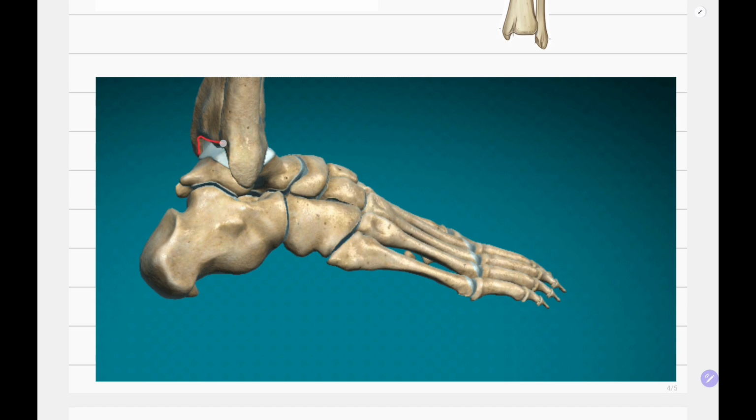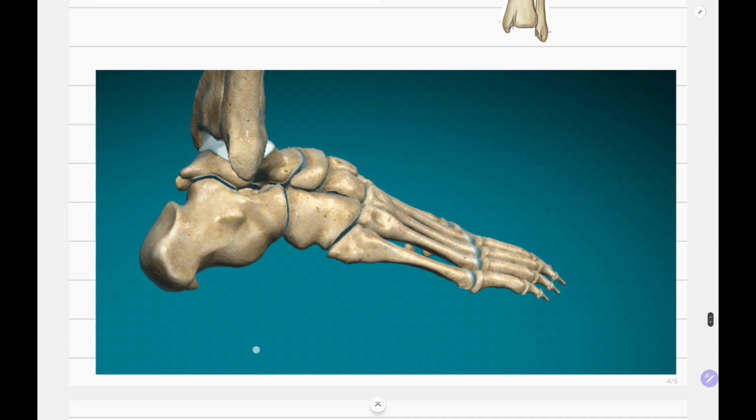This is the mortise formed by tibia and fibula. This is plantar flexion when the sole faces posteriorly. This is the narrow posterior part of the talus bone. Now when plantar flexion occurs, this narrow posterior part goes into the mortise, creating extra space for the movement.